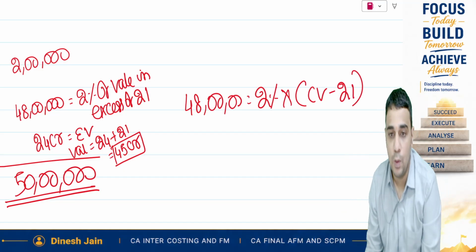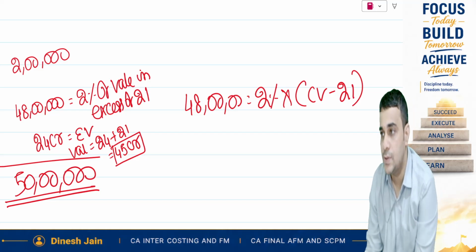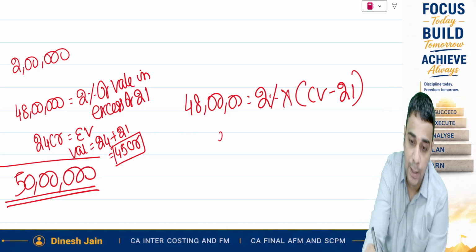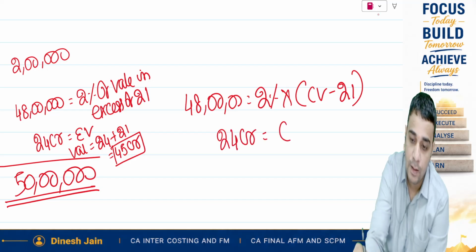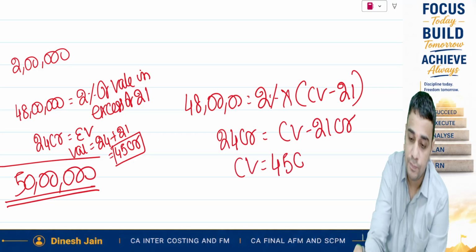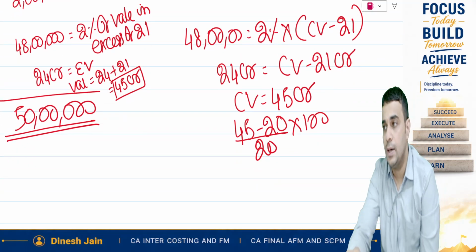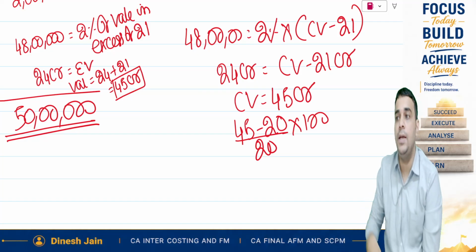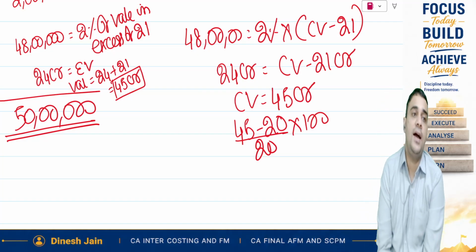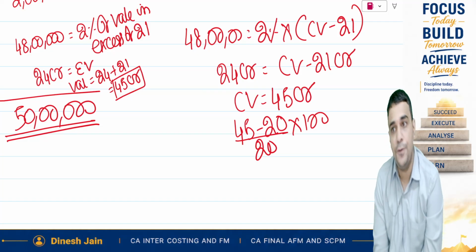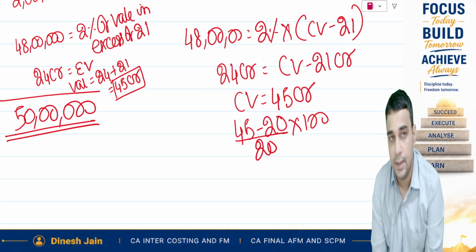If I want an equation: 48 lakh by 2% is 24 crore, closing value minus 21 crore, so closing value is 45, and return is closing minus opening by opening into 100. If I earn 125% for my clients, I will get 50 lakh fees in this question.